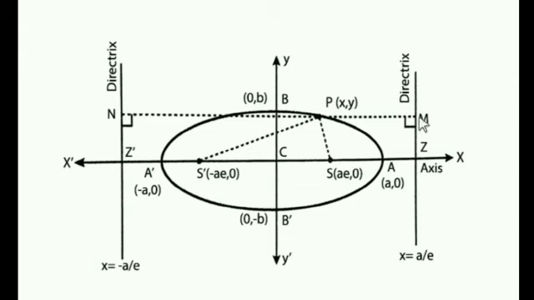The ellipse has 2 foci, so it has 2 directrices. The equation of the directrix is x equal to a by e, and on the negative side it will be x equal to minus a by e.